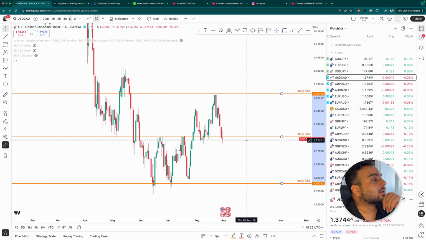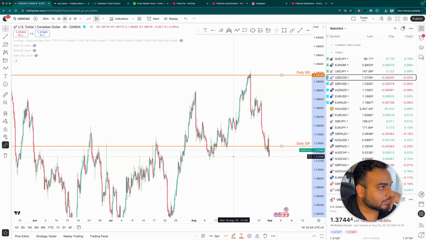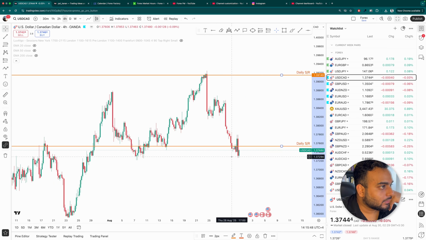On the 4 hour, the price is rejecting exactly from this area. Right now, the momentum for bearish candles is really nice.